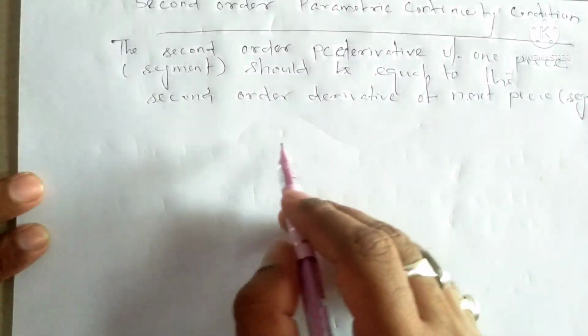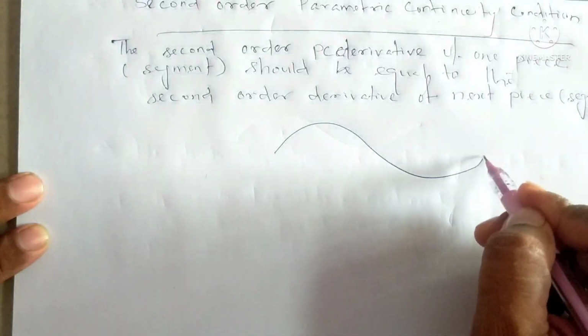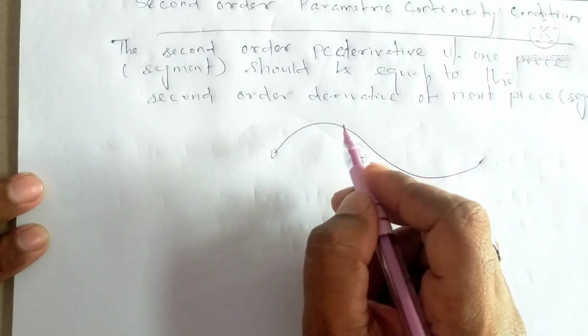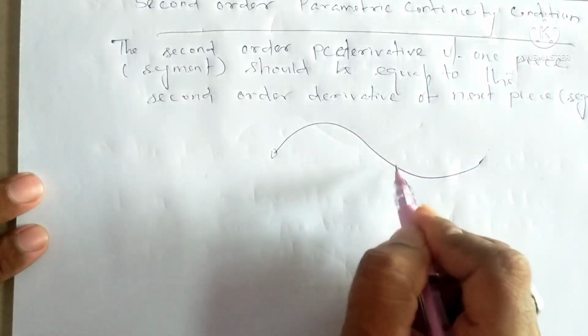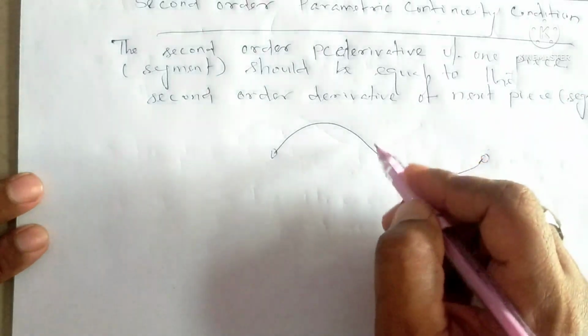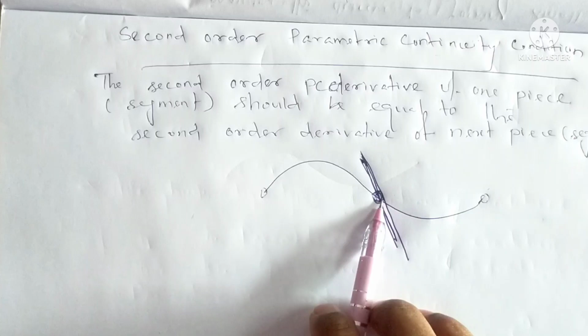Alright, so if you have a curve, let's think about the spline curve, and the spline curve is maintaining continuity. So we have to take the second order derivative of one piece, which should be equal to the second order derivative of the next piece.